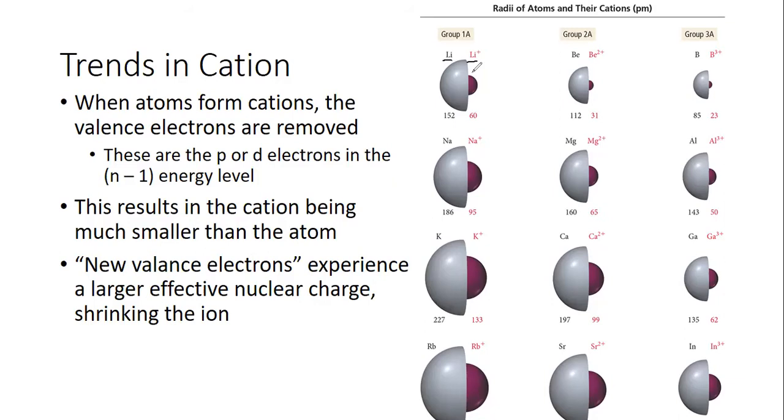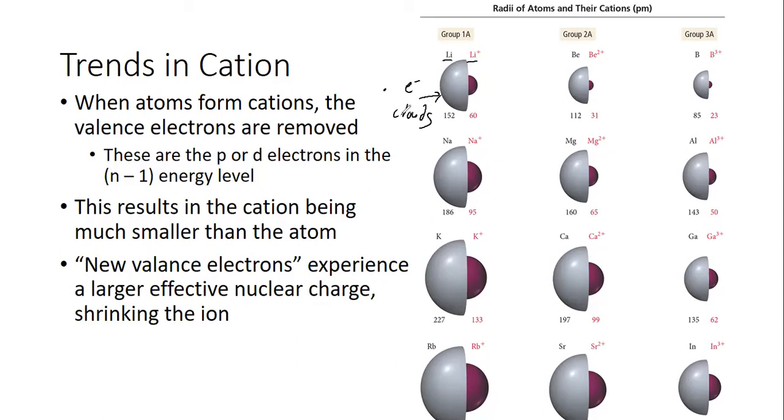And just a reminder, when we look at an atom, the nucleus is super tiny. Most of the atom is made out of empty space. And these shells that we're seeing, you can think of these as electron clouds, right? They're just this area where electrons can be found. And as we remove electrons, that cloud will shrink as electrons are being sucked in and we are physically removing them.